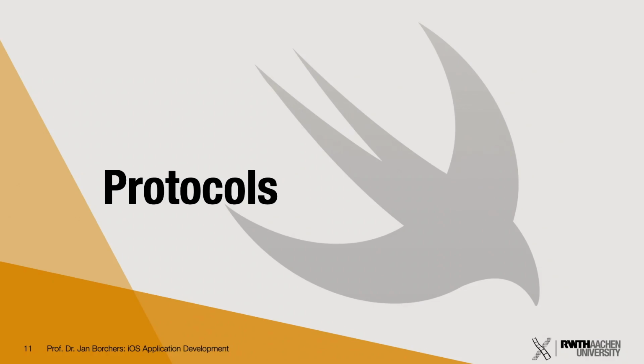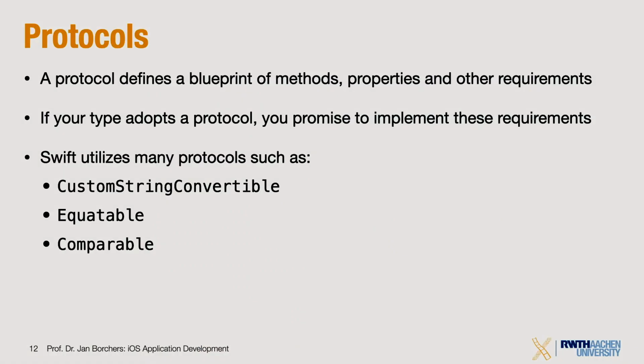First up, protocols. Protocols are things that you probably know from Java. They are blueprints of methods, properties, and maybe other requirements. And basically, if your type adopts a protocol, that means that you need to implement these requirements.